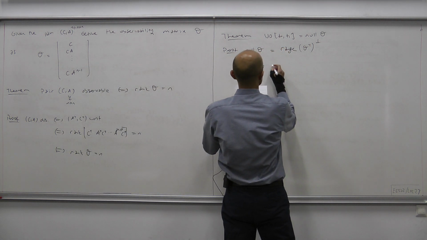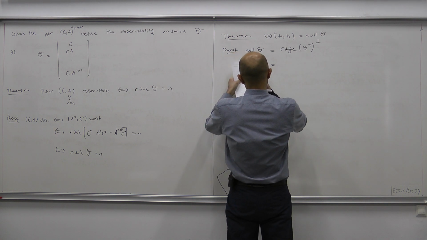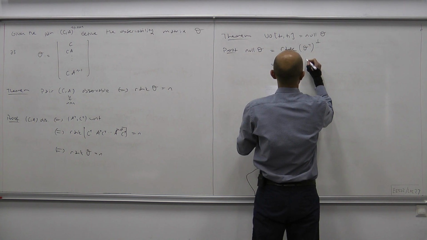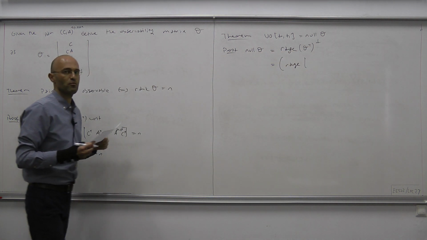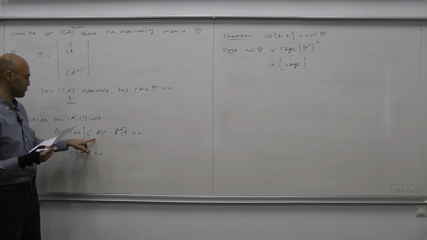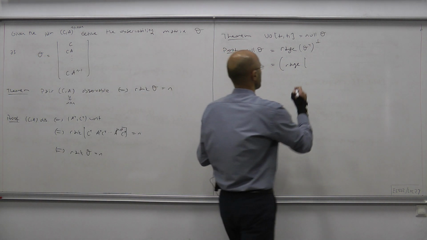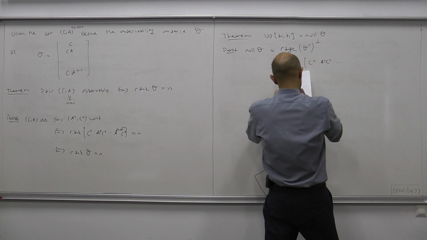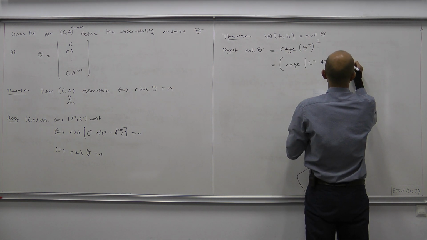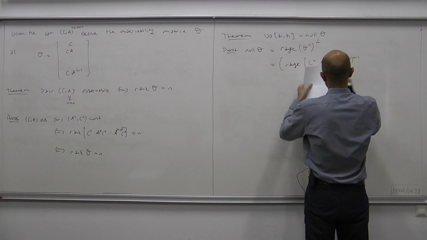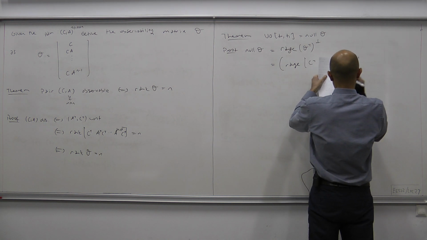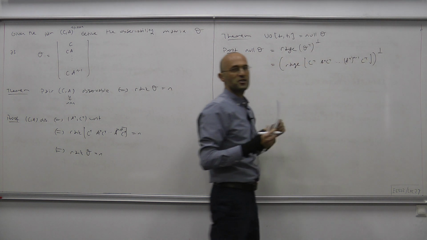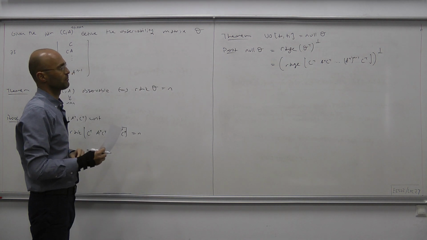Let's write this as the range space of, so what's the transpose of the observability matrix? This is our observability matrix and its transpose is here. So let's write that down: C transpose, A transpose C transpose, and so on up to (A transpose) to the n minus 1 times C transpose, and then whatever that subspace is, we take its orthogonal complement.